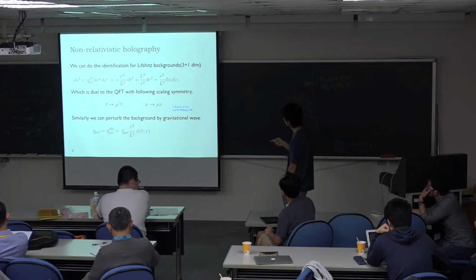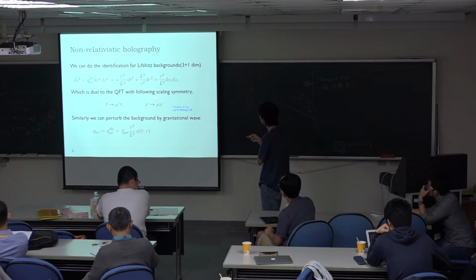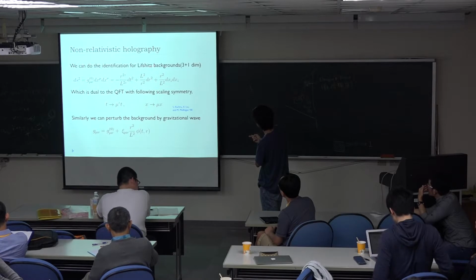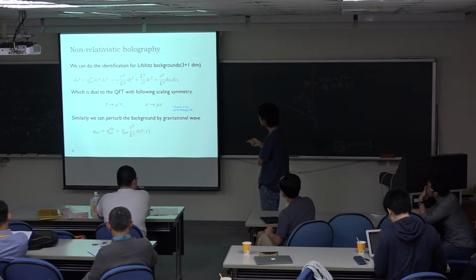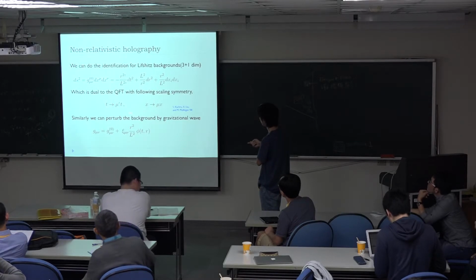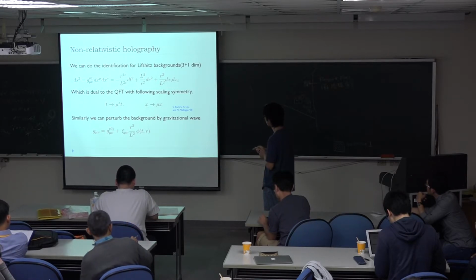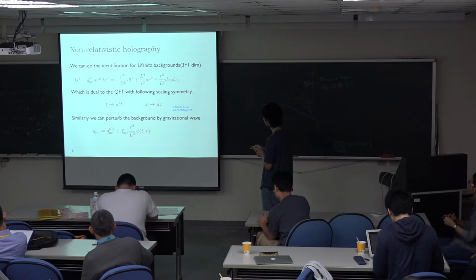There's another parameter called z here, the dynamical scaling, the Lifshitz scaling. For this kind of background, the boundary theory will have this kind of scaling symmetry. Basically, z measures the asymmetry in the scaling between time and space.